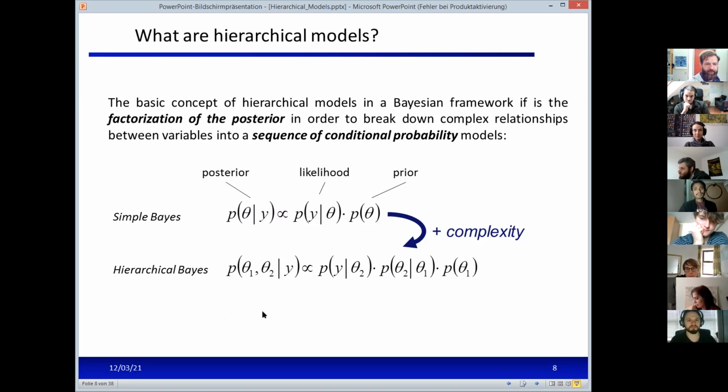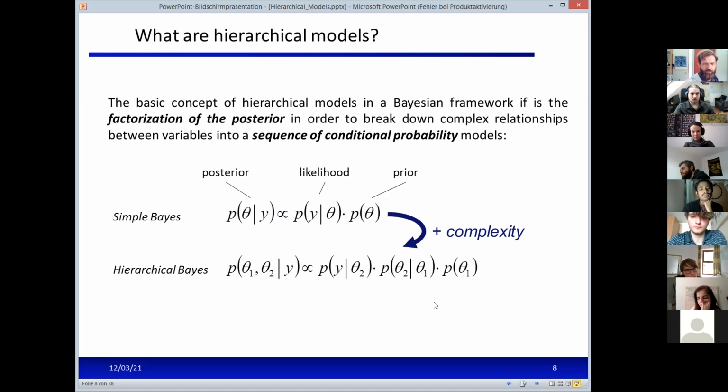So if we're looking at a more complex problem where we have two sets of parameters, here θ1 and θ2, it might be difficult to formulate one closed likelihood function for our data given these two types of parameters, but we might be able to break this down into two probability models. The first describes the likelihood of our data given some parameters θ2, and then we might have a second model that describes the probability of certain values for θ2 given another set of parameters θ1.